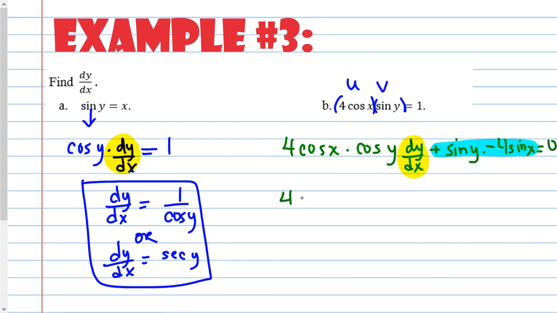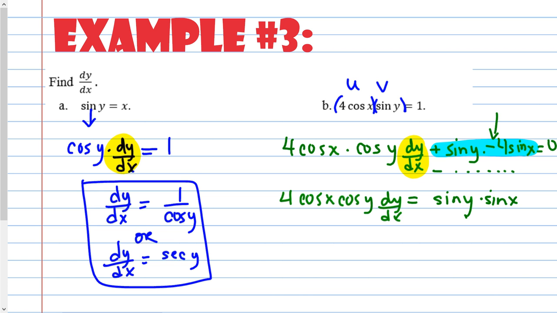So 4 cosine x cosine y dy dx, I subtract this stuff from both sides, so it equals negative sine y. There was a negative here, so that takes care of that negative. So sine of y times sine of x.